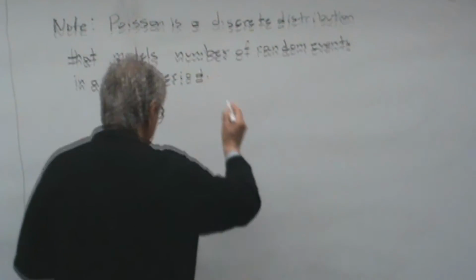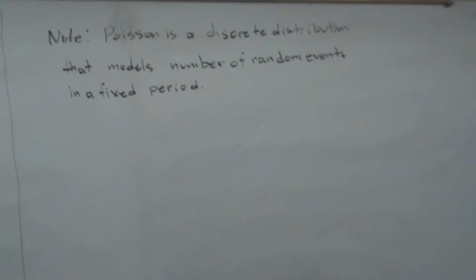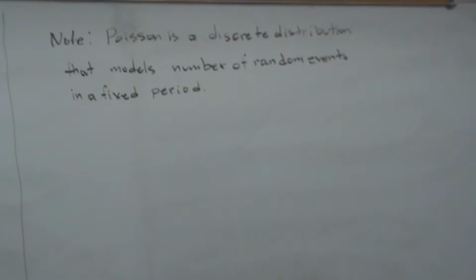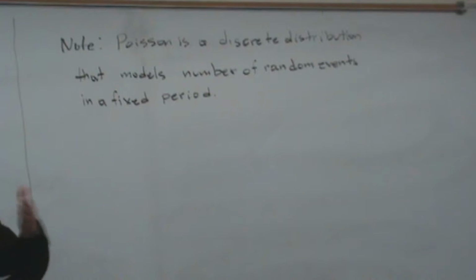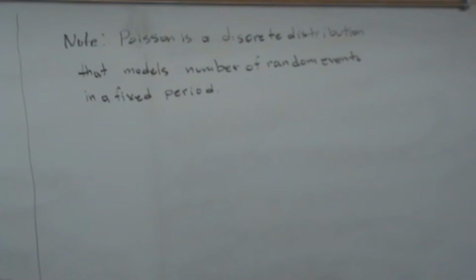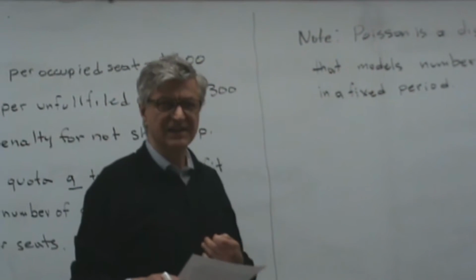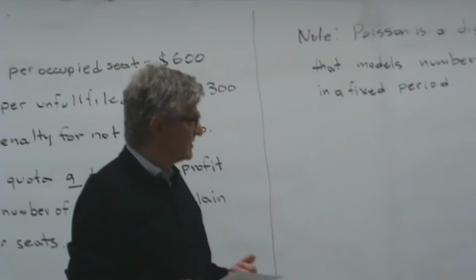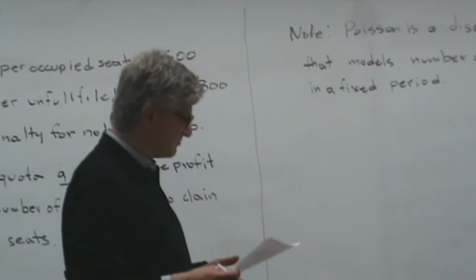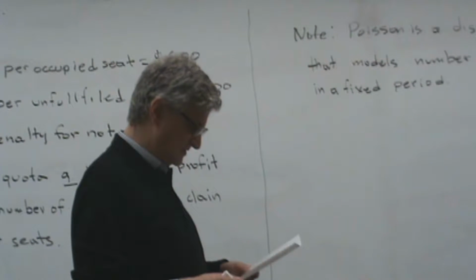So if you consider that customers arrive on the counter, or they call, and the arrivals are random, then the total number of arrivals in a period, say 2 days, is governed by the Poisson distribution. Okay?